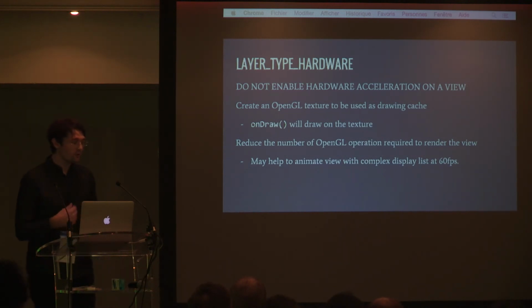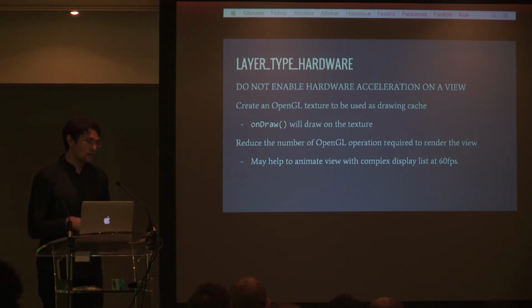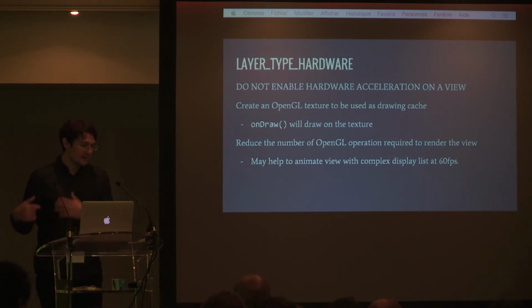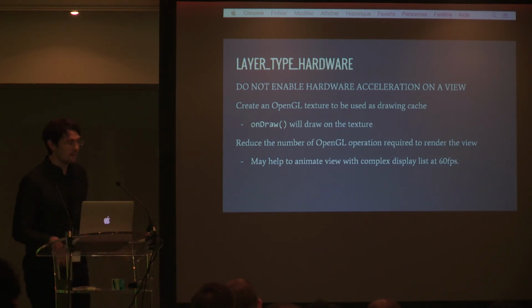So if you want to animate a view that has a quite consuming onDraw method, you should use LayerType hardware just before the animation. So before you start your animation, you set LayerType hardware. You do your animation, and then at the end of your animation, you go back to LayerType none to save the GPU memory, as you will create an OpenGL texture that consumes your RAM.